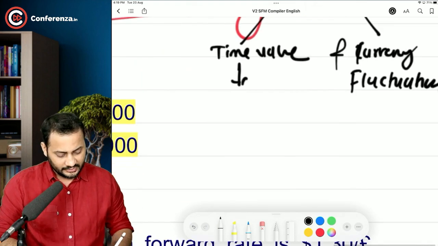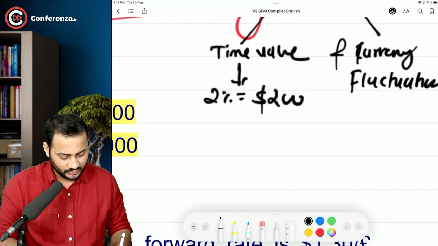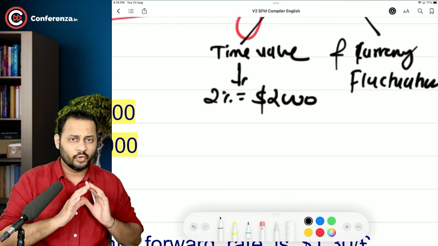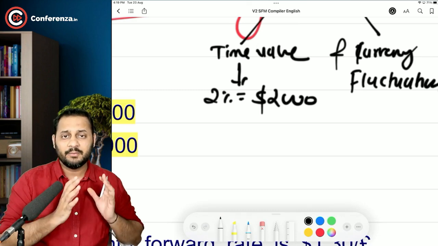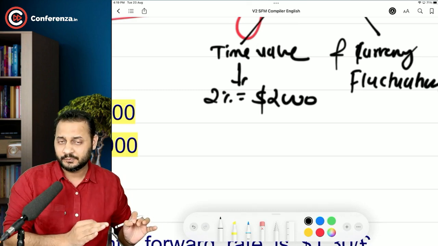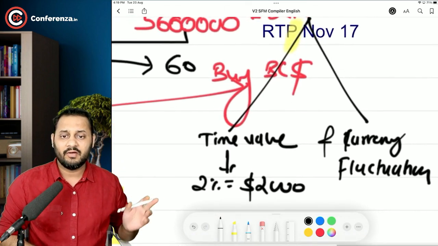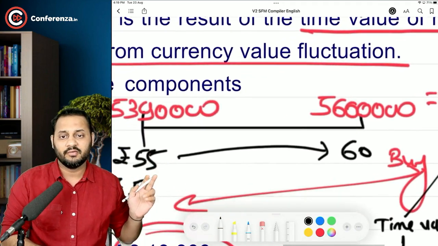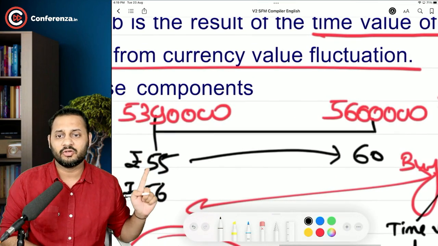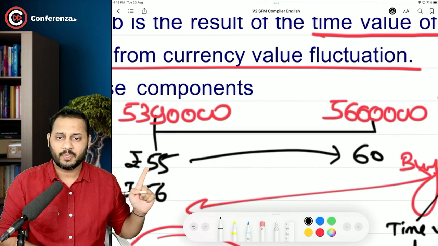Time value is nothing but the 2% discount, which is equal to $2,000. Now imagine there are no exchange rate changes in the entire world, keeping everything constant. What is the benefit of this $2,000? The benefit of making an early payment is $2,000 multiplied by the same rate, 55.